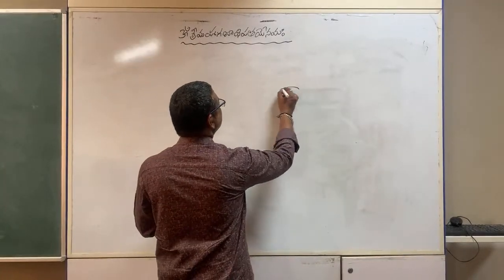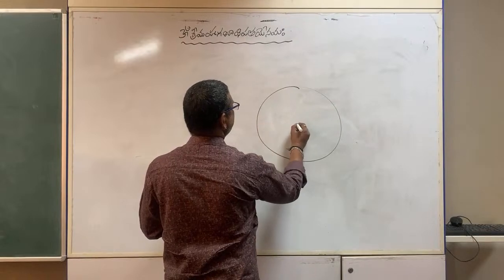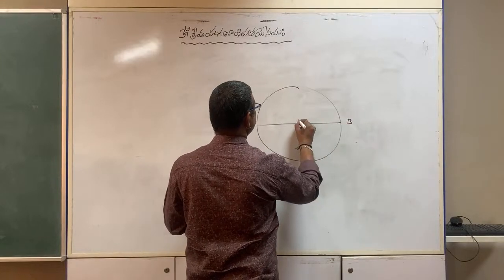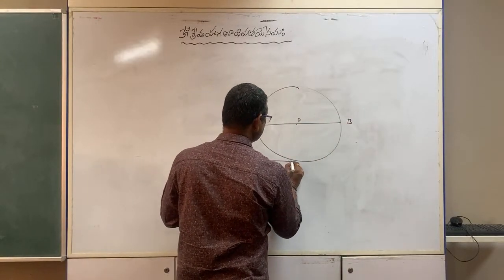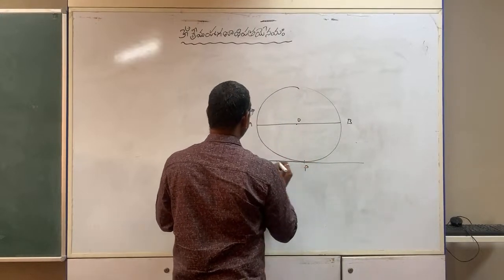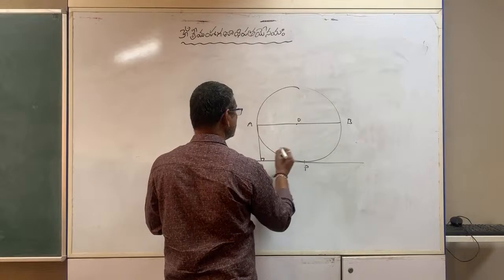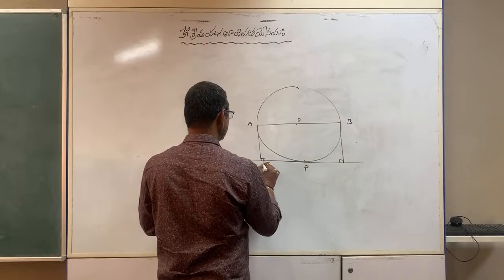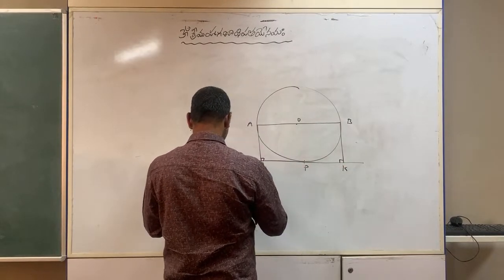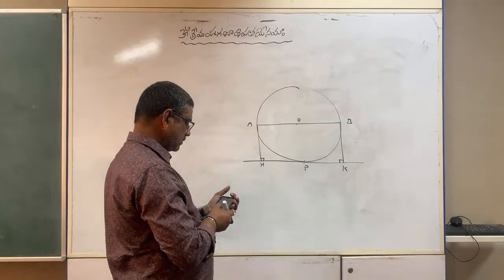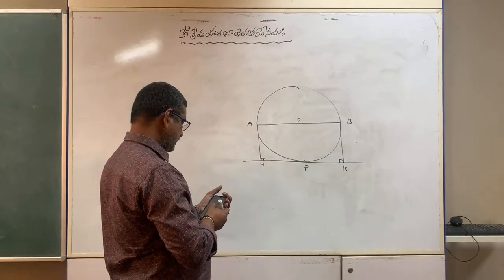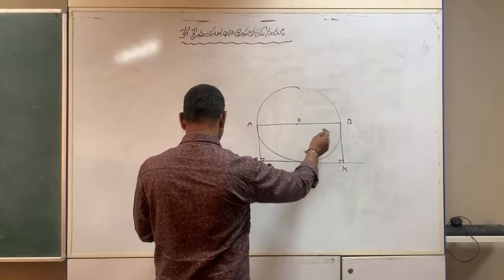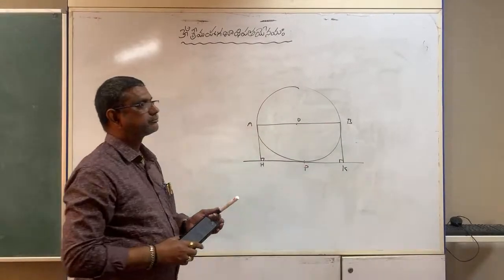There is a circle, AB is the diameter, and there is a tangent at P. AH and BK are perpendiculars from A and B respectively to the tangent at P. Prove that AH plus BK is equal to AB.